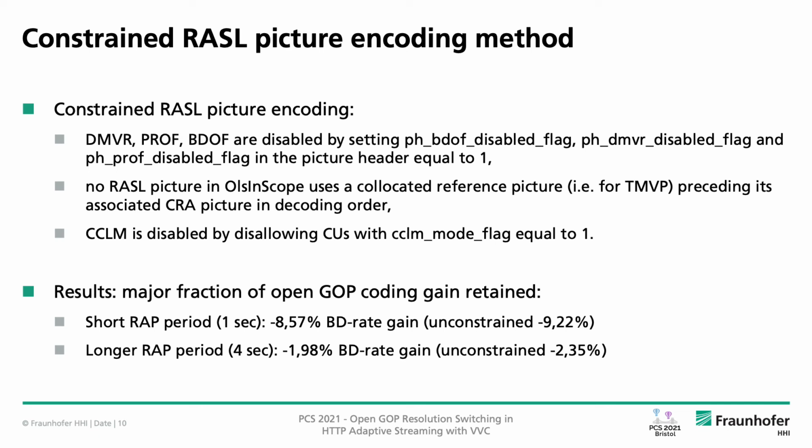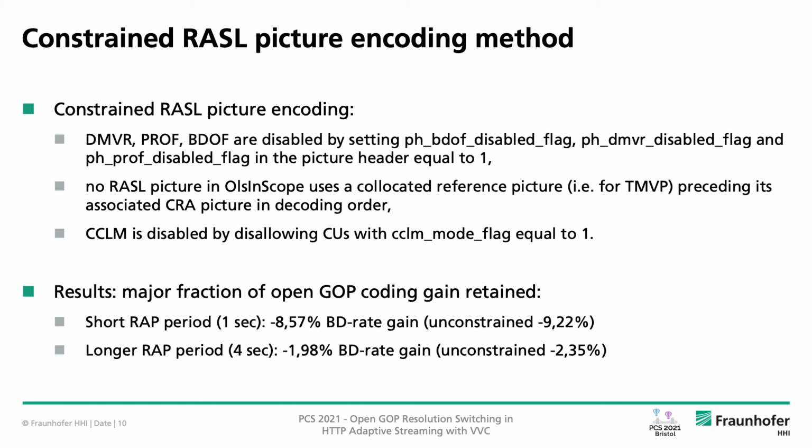And with this constraint encoding method, we are able to achieve still the major fraction of the OpenGOP related coding gains. Roughly for the short RUP period, it's 8.57% BD rate gain compared to 9.22 for regular OpenGOP coding with the artifacts we noticed.